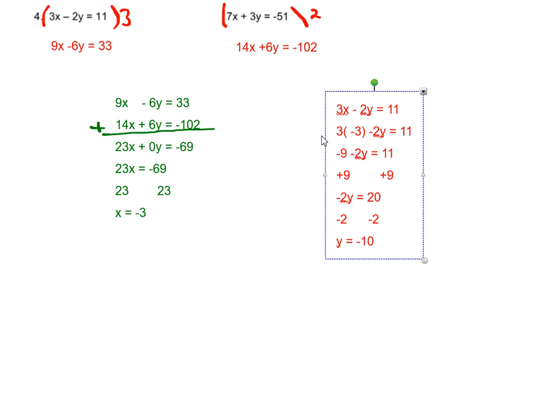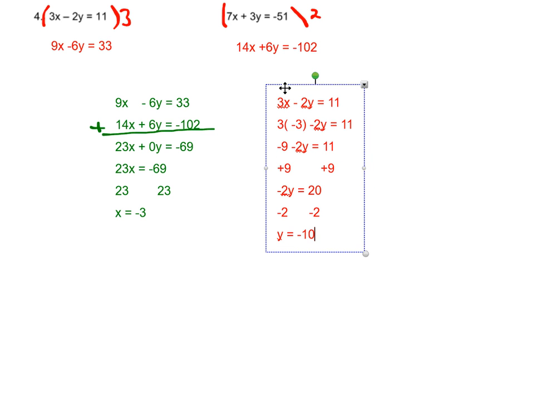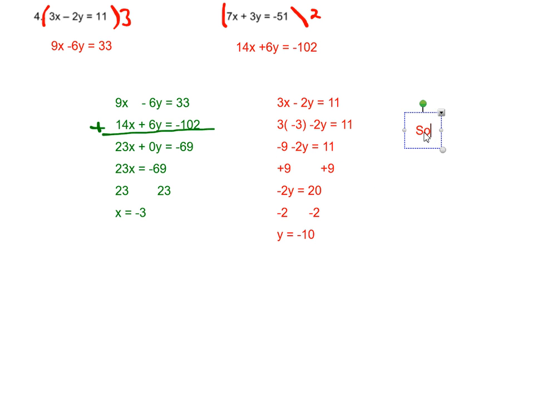So I have a solution of x equals negative 3 and y equals negative 10. So my point is the point negative 3 comma negative 10. And once again, you can verify by checking your solutions.